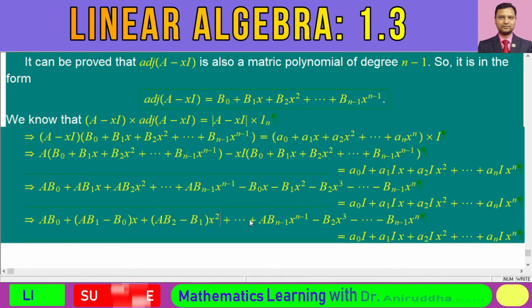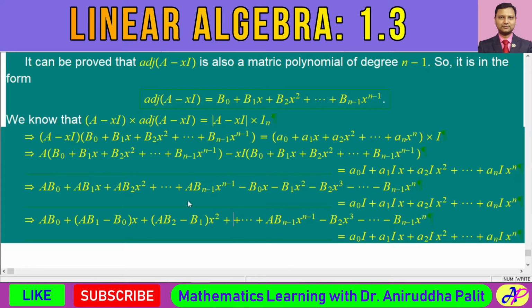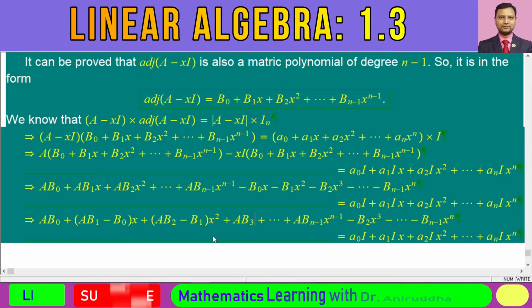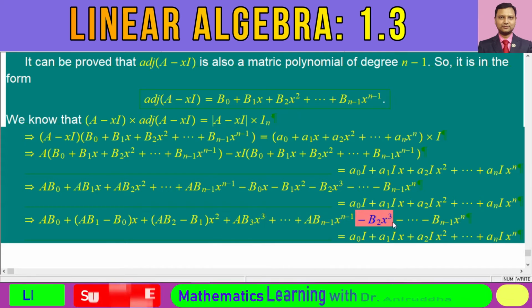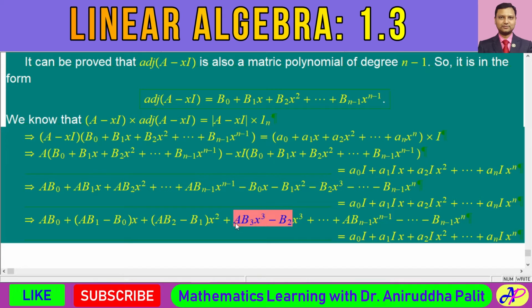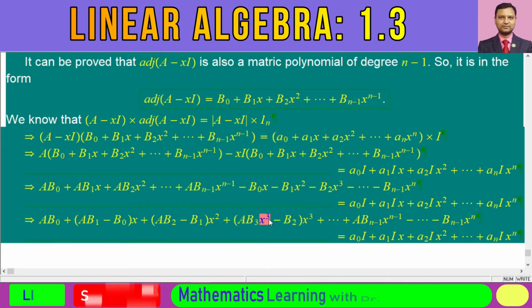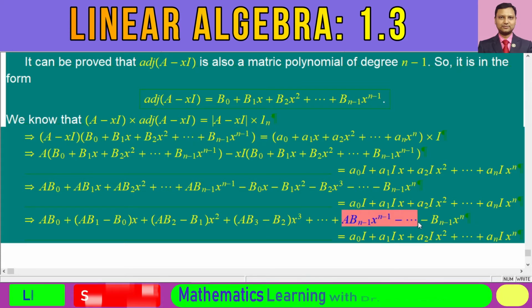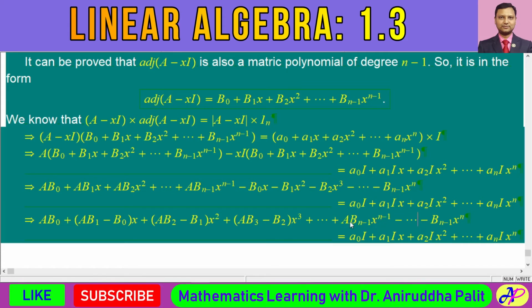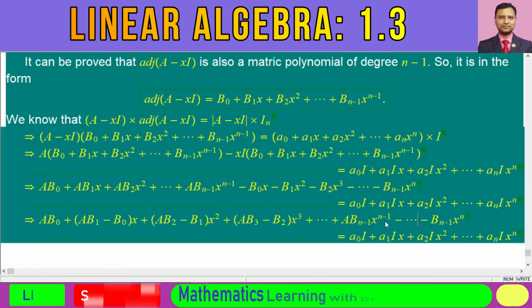Let me write one more term for you. The next immediate term would be a into b3, a into b3 into x cube. So this term will be adjusted with this term, and we can take this x cube common. So we have this kind of term and so on, and finally these two terms can be a into b to the power of n minus 1.